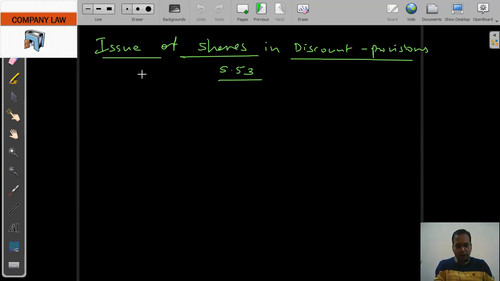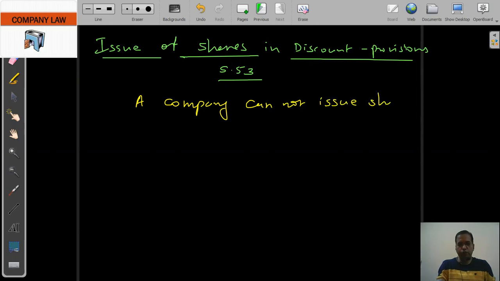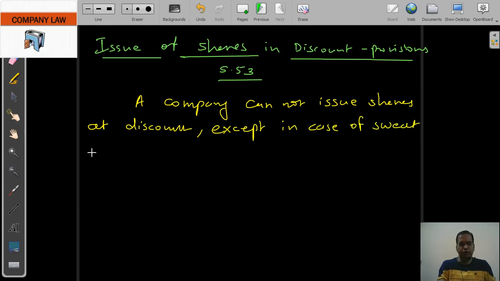A company cannot issue shares at discount except in case of sweat equity shares under section 54 of the Act.